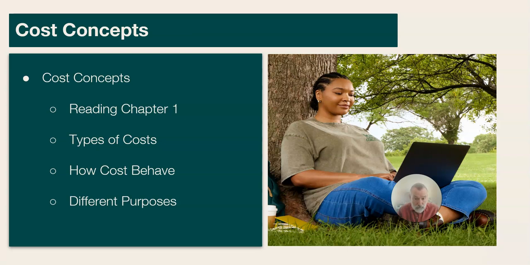Different purposes for the cost. Why a cost might be defined one way for inventory valuation, but another way for decision-making analysis. By mastering these foundational concepts, you'll be able to analyze costs through multiple lenses, which is exactly what managers do when they're creating budgets, evaluating performances, or considering strategic alternatives.